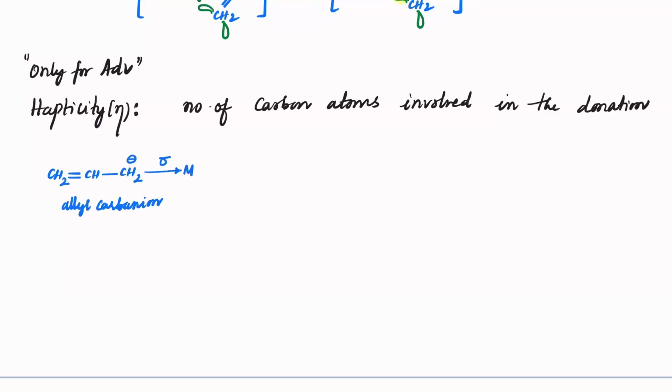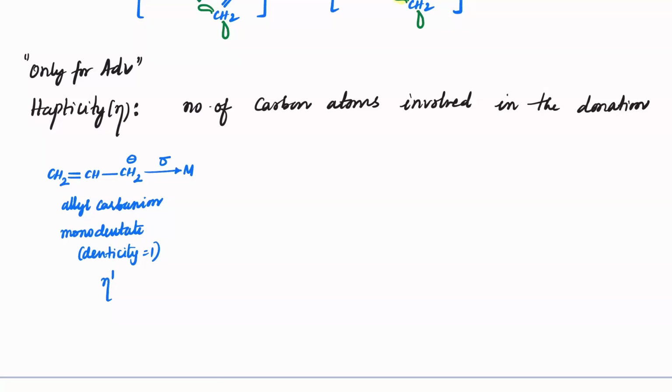So now this is acting like a monodentate, and hence the denticity here is 1, correct? And we usually write it as eta power 1. The 1 means that only one carbon is involved during the donation here.